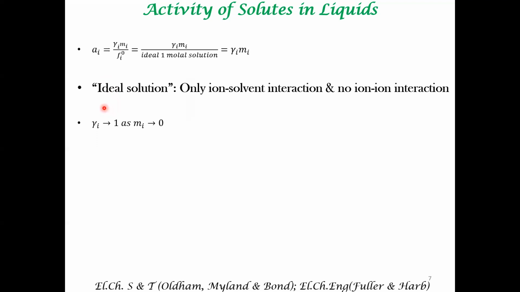Even without any quantitative theory, just from physical arguments, we are arguing that as the activity coefficient is a measure of non-ideality of the solution, because at low concentration there is no ion-ion interaction, or limited ion-ion interaction, gamma i has to be 1, or it tends towards 1. We arrived at that just via some physical arguments.